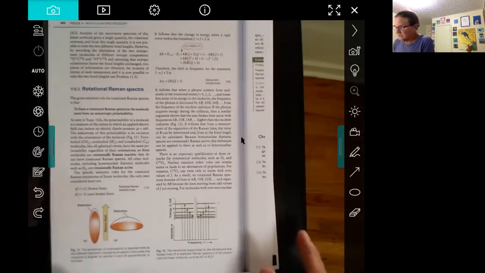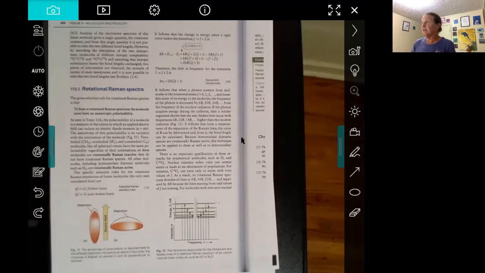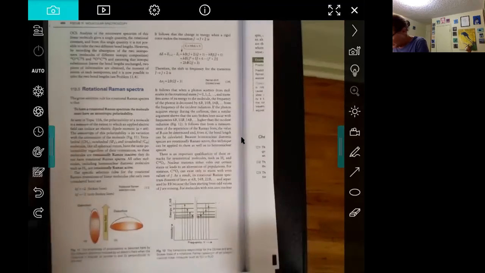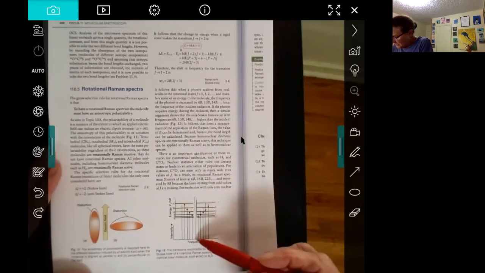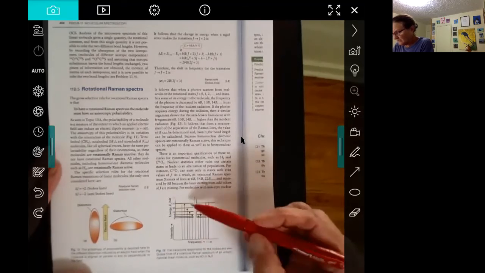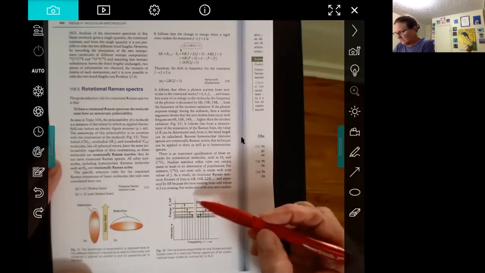In Raman spectroscopy, you're still looking at the same energies and changes in those same energies, but you're doing it in a different way. You're doing it by scattering light and then either increasing or decreasing your frequency. So the picture on the bottom shows you a frequency of light in the middle. That's your Rayleigh scattering, where it scatters without changing the energy.